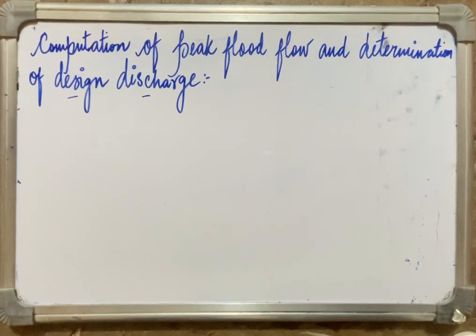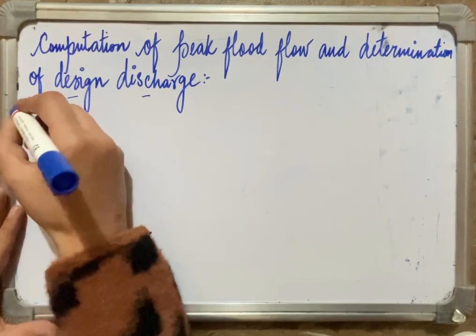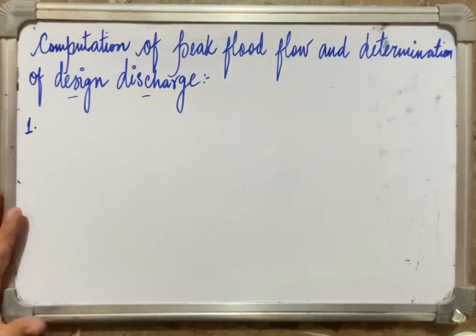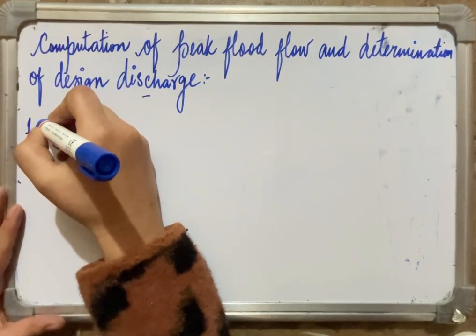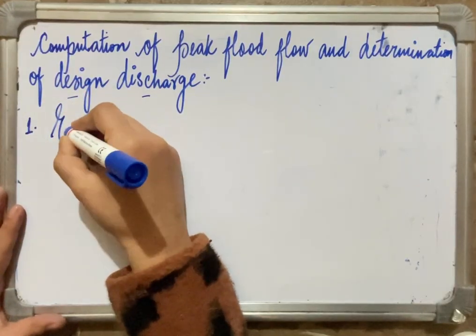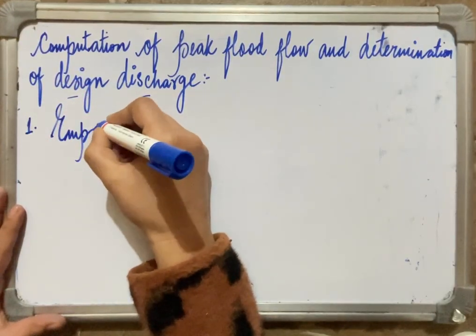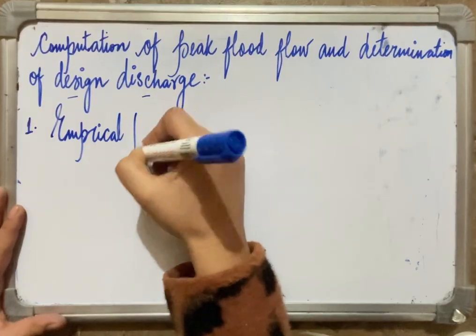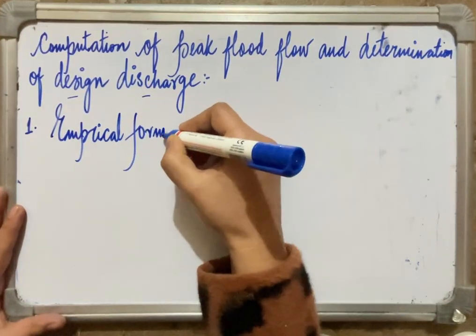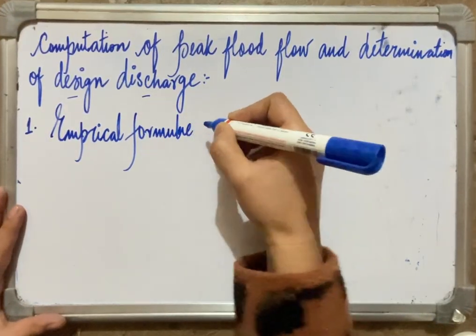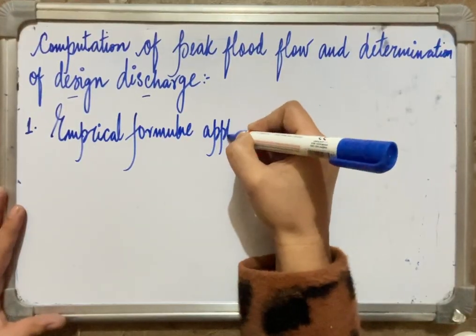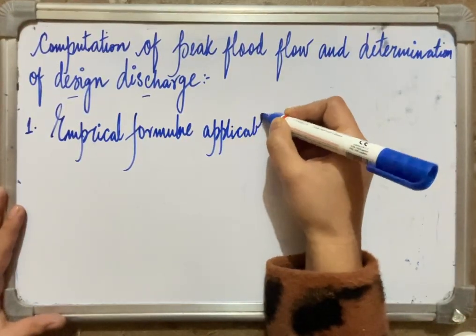The maximum discharge which a bridge across a natural stream is to be designed to pass can be estimated by many methods, and I'll write them here. One being by using one of the empirical formulae applicable to that region where we are designing our bridge.